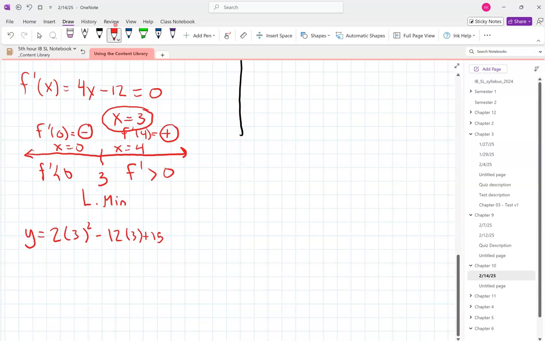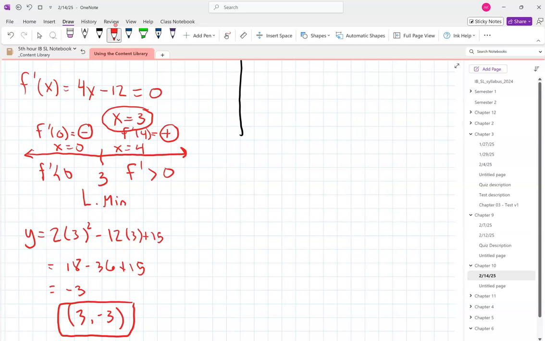So that's going to be 18 minus 36 plus 15, which I think is negative 3. So my answer would be the point (3, negative 3), which is a local minimum.